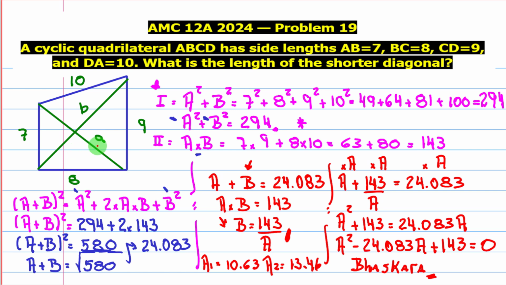Anyway, the shorter diagonal, or the A, has a value of 10.63.